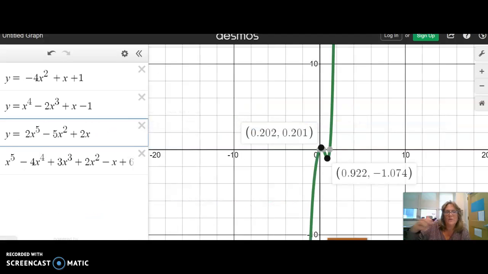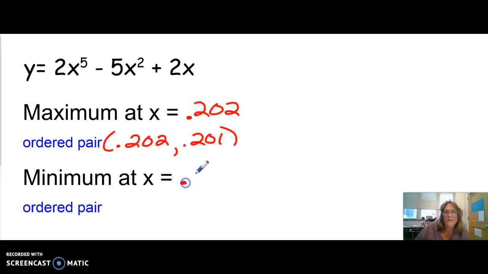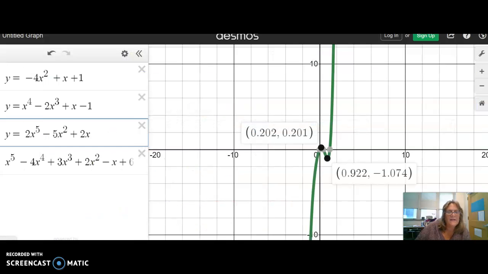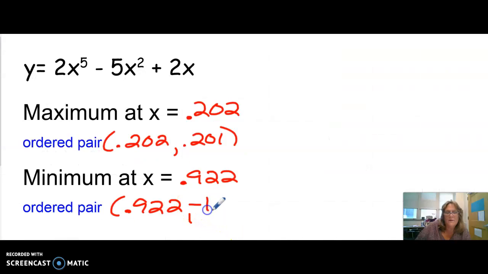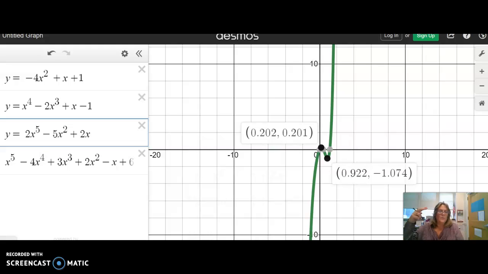My minimum, my low value, is at x = 0.992, and the ordered pair is located at (0.992, -1.074). So I only had one relative maximum and one relative minimum.